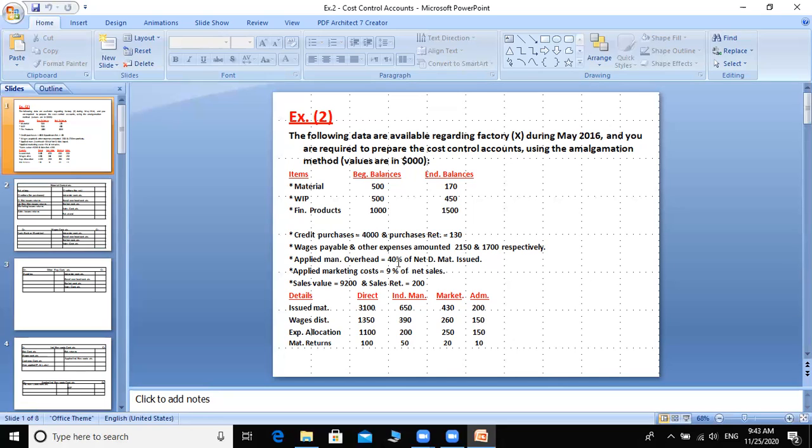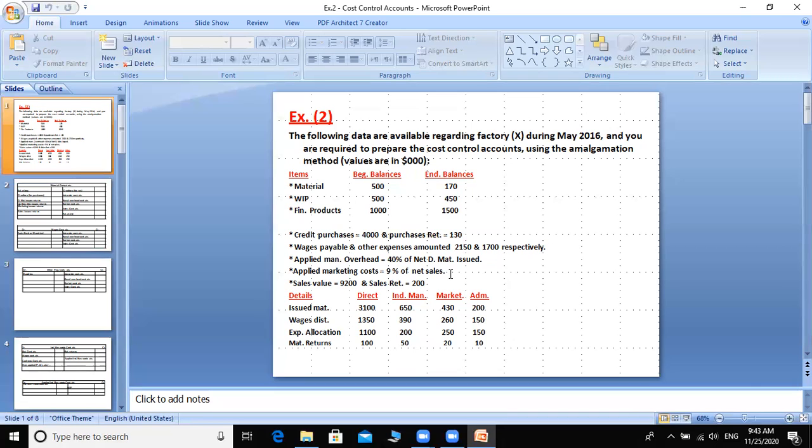Applied manufacturing overhead, that is the predetermined overhead, is 40% of net direct material issued. Pay attention that it is the net of direct material issued, out of which we will calculate 40% as applied manufacturing overhead. Applied marketing is 90% of net sales. What is meant by net sales? Sales may be gross.